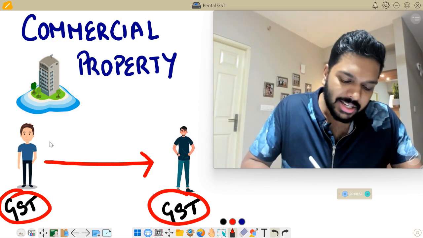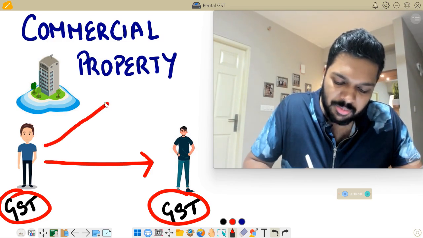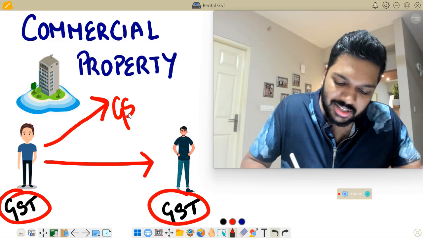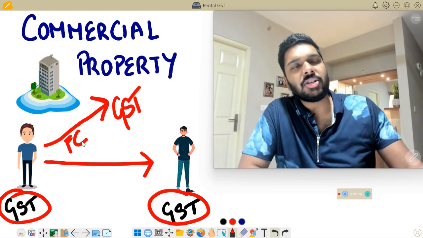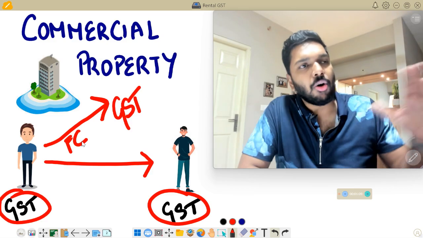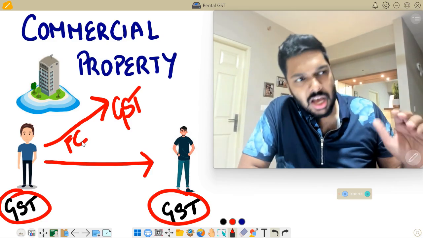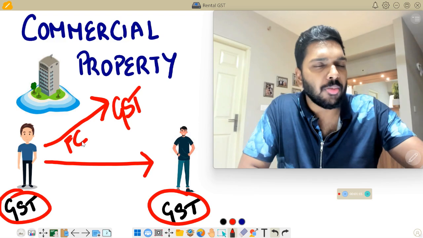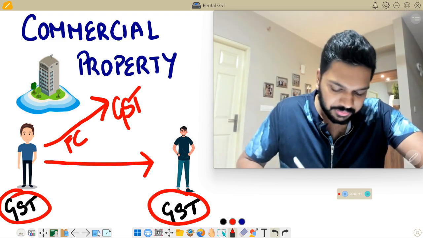Obviously, because the landlord is registered and is providing rental service in respect of commercial property, he has to pay GST directly to the government on something called a forward charge, which is basically a situation where you are the provider of taxable services and you have a GST registration. You are liable to pay GST directly to the government after collecting the same from the recipient on forward charge.